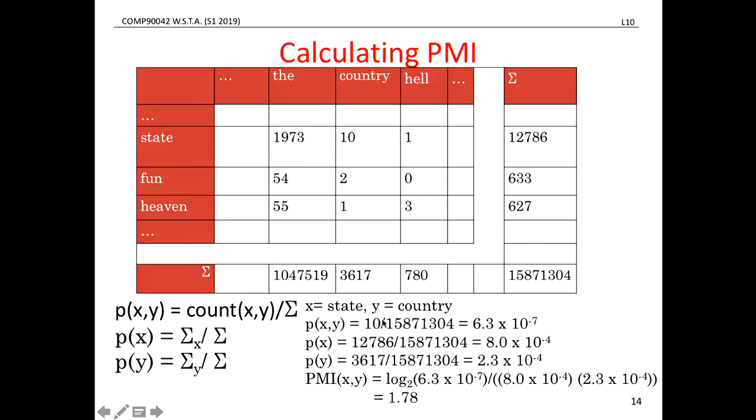And Y, being country, occurs 3,617 times. So notice that one of these is relative to the columns and one of these is relative to the rows. And then we can plug them into the formula and get a number for the PMI. So this is basically allowing us to quantify the information in seeing one of how likely we are to see the other. How much information?